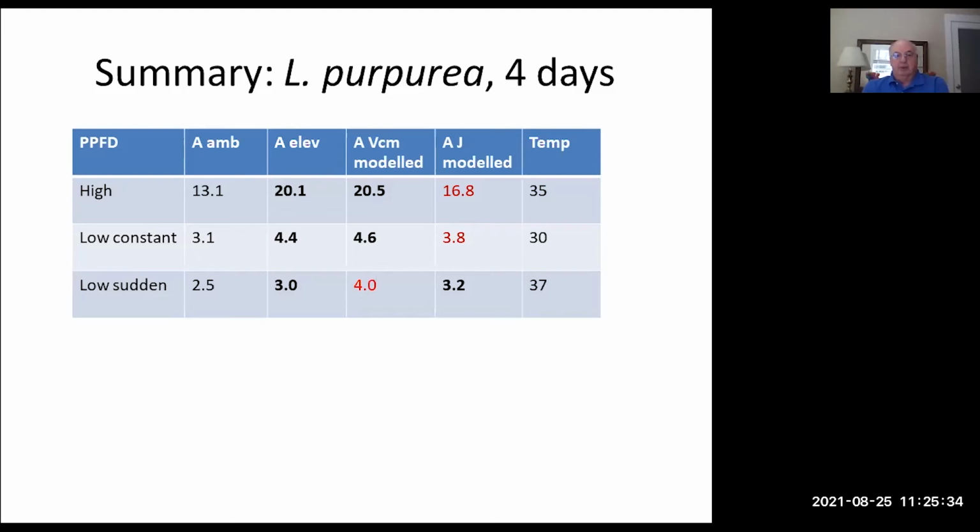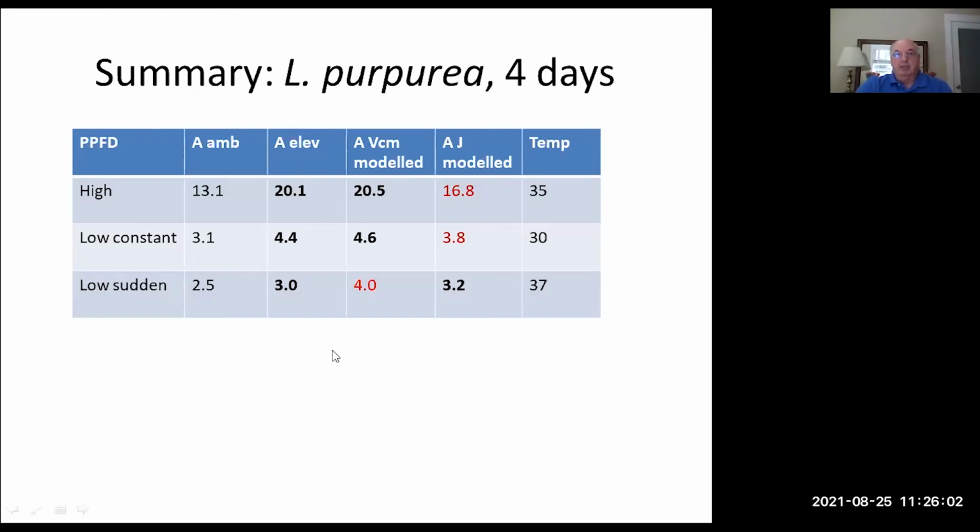But again, that's better predicted by assuming that you're still Vcmax limited, not electron transport limited. And again, like the other two species, when you get a sudden decrease in light because of clouds going by, the situation flips, and you're better modeling that by assuming electron transport is limiting rather than Vcmax.